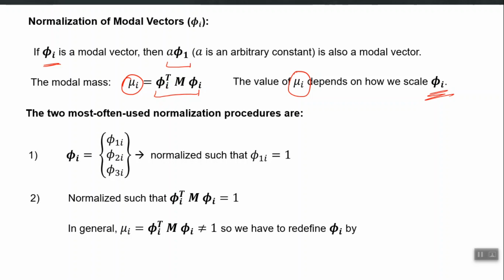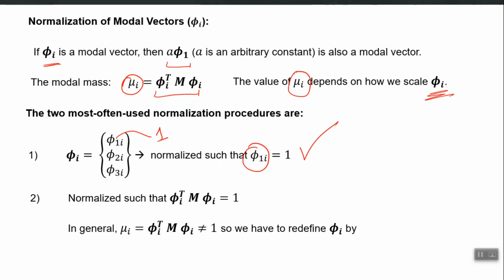There are often two normalization procedures which we use. One is very simple, which we have already done: we just fix the top number as 1 and then calculate the others relative to that. So we normalize the mode shape such that phi 1 i, the first entry of the ith mode shape, equals 1.